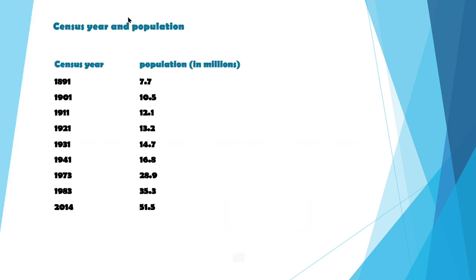So this is the census year and population of Myanmar. Census year and population in millions. This is actually 7.7 million, but I just mentioned it, so I didn't write it in here. Census year 1891, population 7.7. 1901, 10.5 million. 1911, 12.1 million. 1921, 13.2. 1931, 14.7. 1941, 16.8.